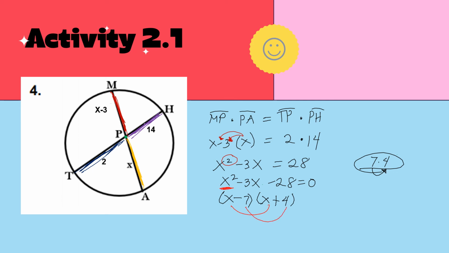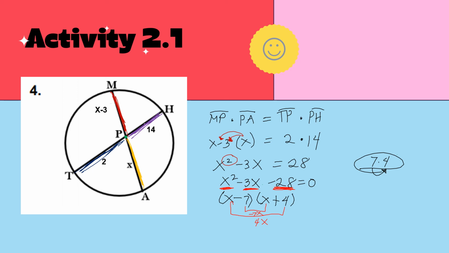Negative 7 times 4, negative 28. Tapos, 4 times x is 4x, and then negative 7 times x is negative 7x, and when you add this, negative 7x plus 4x is negative 3x, which is the given middle term.